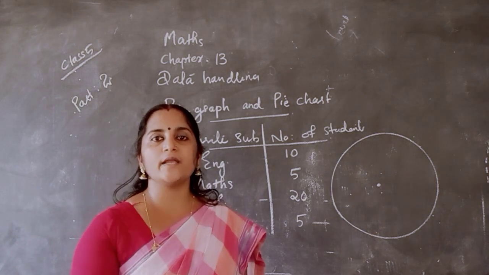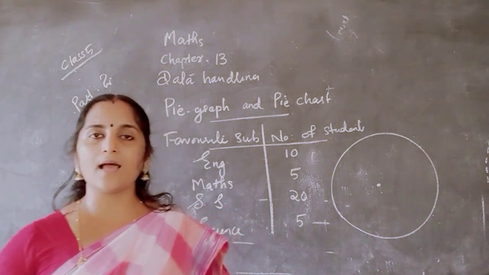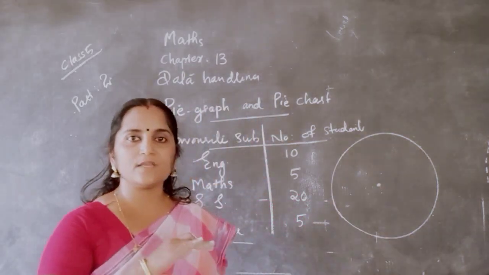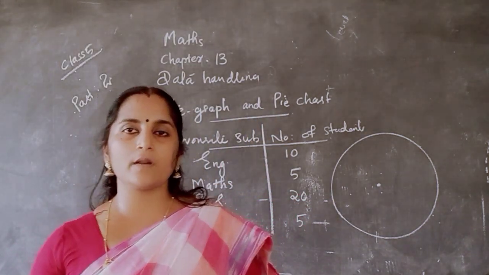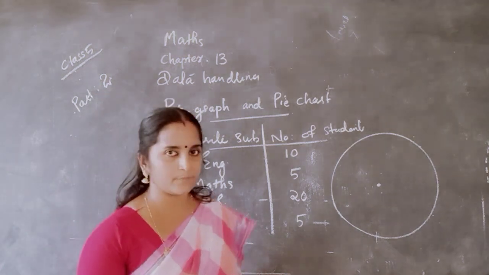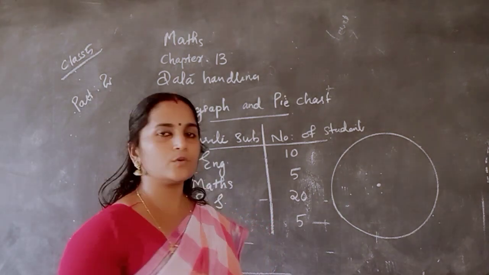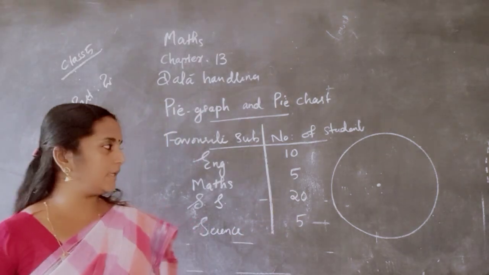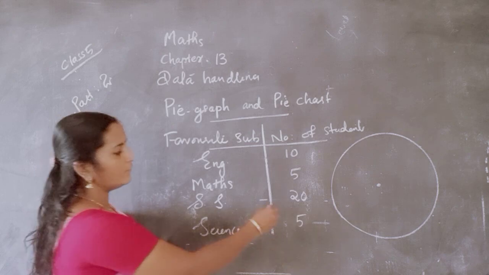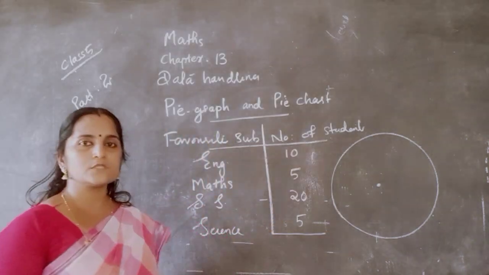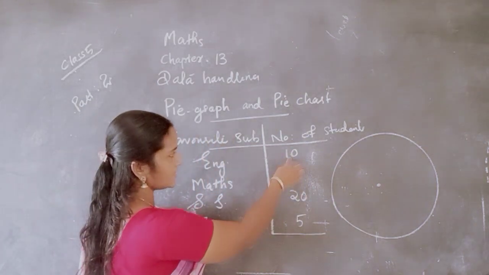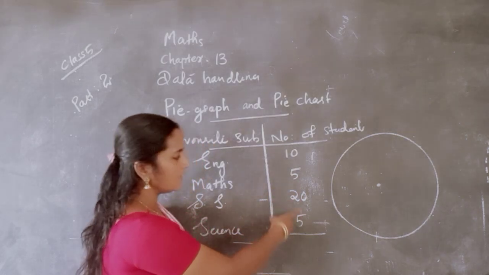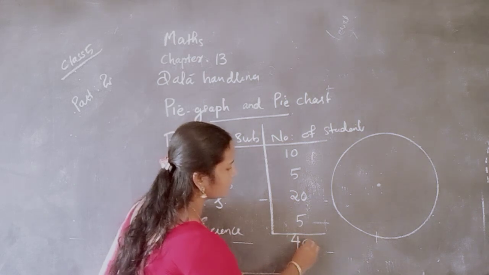If you divide that circle into 2 equal halves, each portion is 1 by 2, and if you divide it into 4 equal parts, each part represents 1 by 4. Here we want to represent this data on a pie graph. So first we find out the total number of students. Add all these: 10 plus 5, 15 plus 5, 20 plus 20, 40 students.